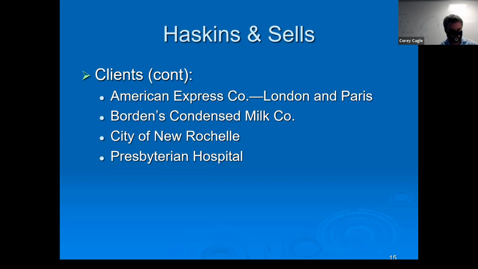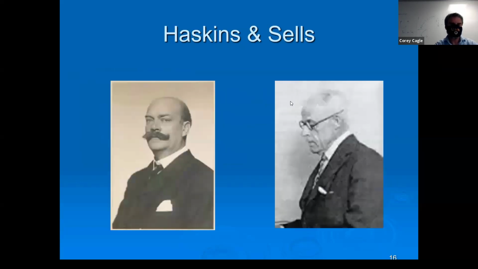So here's something interesting. There's the old guys right there, Haskins and Sells. Haskins on the left, Sells on the right. So Sells is Elijah Watt Sells. Are y'all familiar with that name at all? There's an Elijah Watt Sells award that's given by the AICPA for the top scorers on the CPA exam.